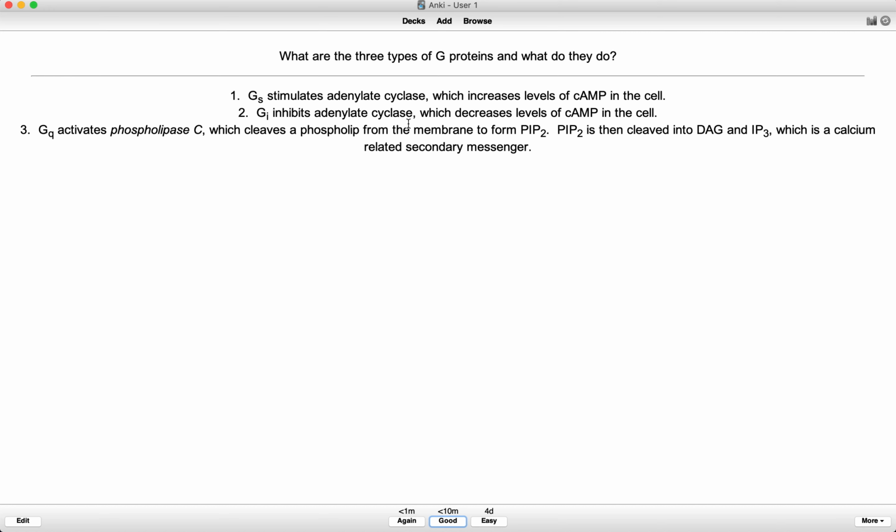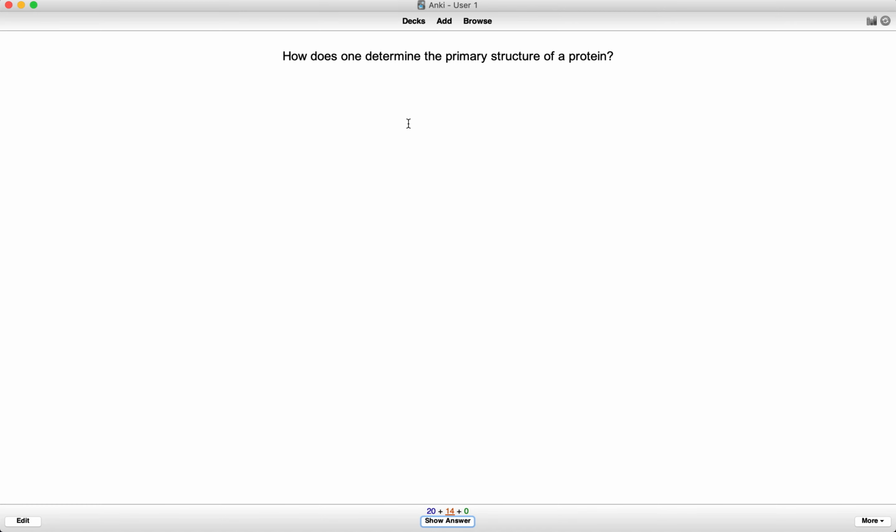GI inhibits adenylate cyclase, which decreases levels of cAMP. And GQ activates phospholipase C, which cleaves a phospholipid from the membrane to form PIP2. PIP2 is then cleaved into DAG and IP3, which is a calcium-related secondary messenger. I don't know if I have to know this. I'll try my best to memorize it, though.